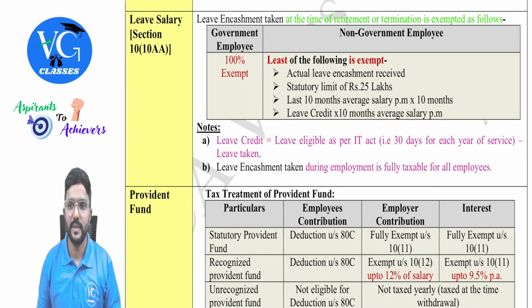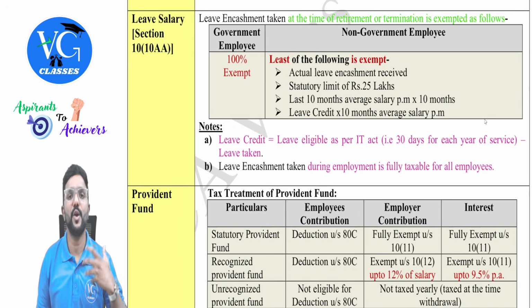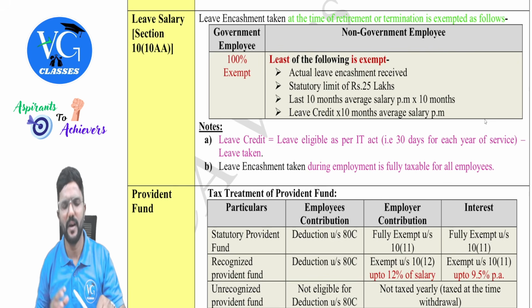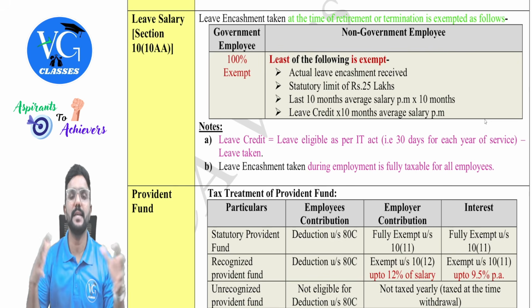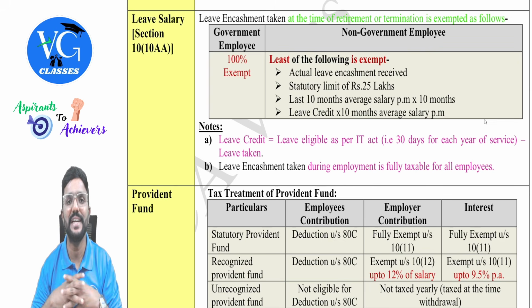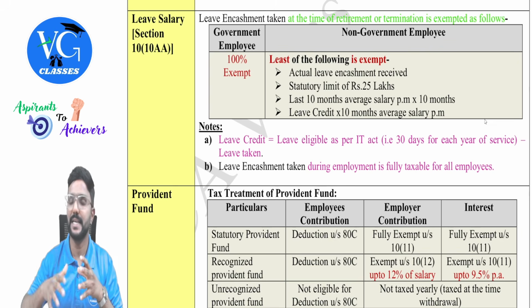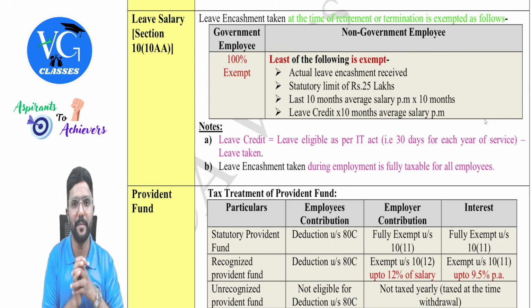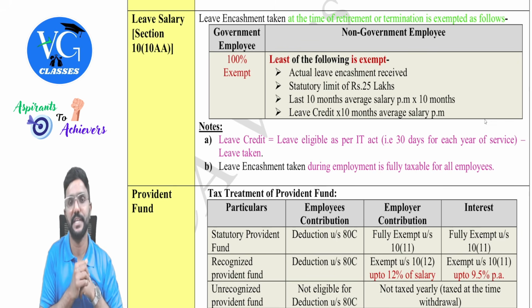Next, leave salary. Now, every year the employee will be eligible to take a certain number of days of paid leave. Now, if he has not taken so many days of paid leave, then at the time of retirement or even during employment, he can encash that leave credit.